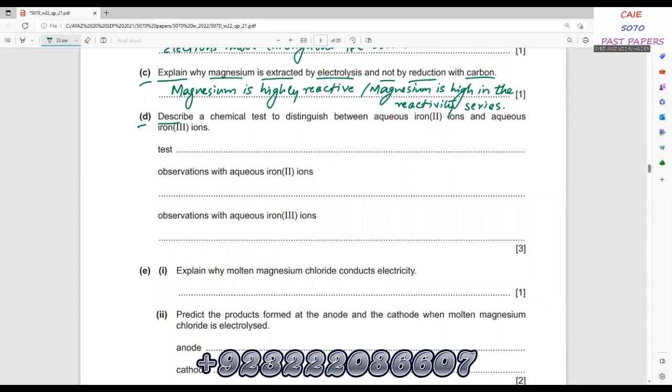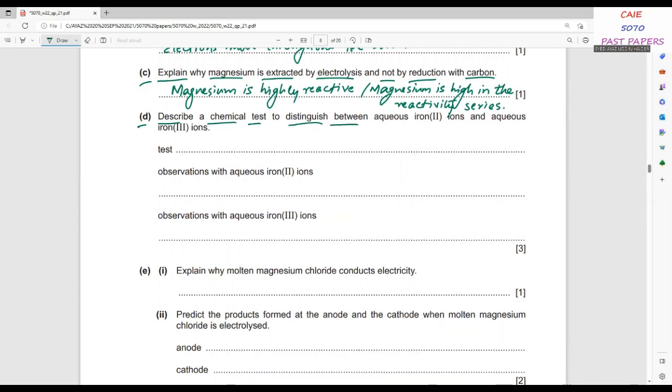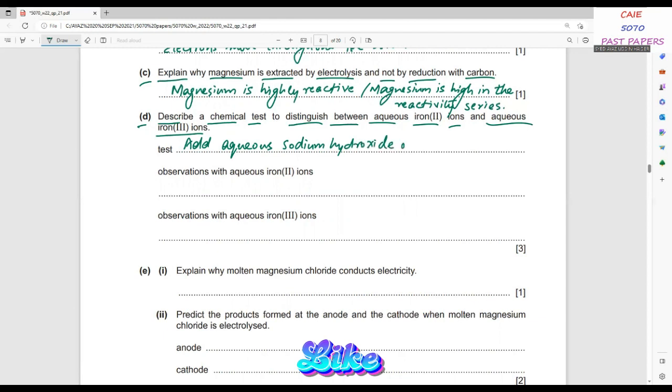D. Describe a chemical test to distinguish between aqueous iron 2 ions and aqueous iron 3 ions. So you can refer to any of these tests, either with aqueous sodium hydroxide or aqueous ammonia. So you write add aqueous sodium hydroxide or aqueous ammonia.